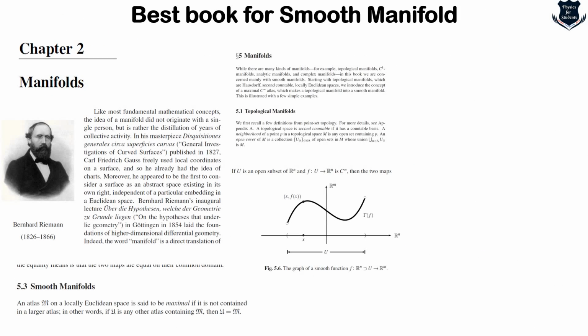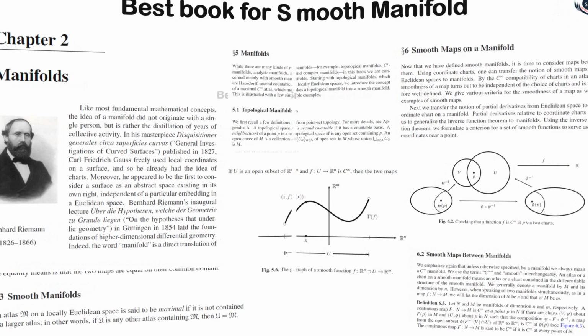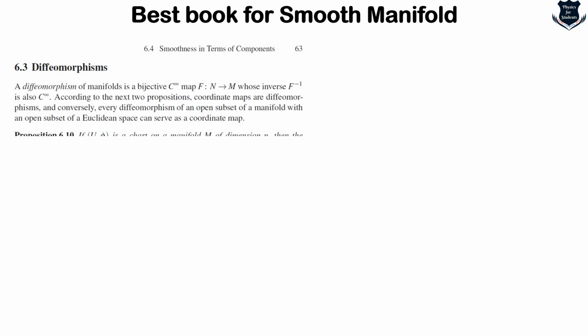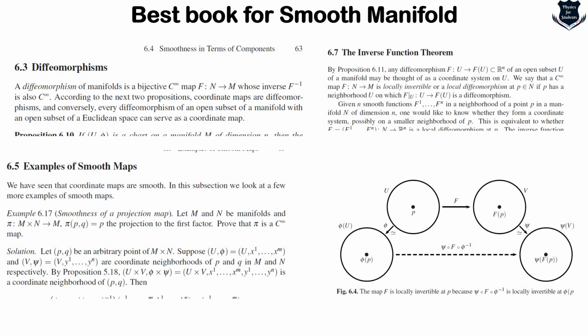It covers chapter 2, which is manifolds, and you can see the photograph of the great Bernhard Riemann, and it goes into topological manifolds, smooth maps on a manifold, and this is what I was talking about, how things overlap, the charts, etc. So this book has quite a lot of good diagrams, easy explanation, and a lot of things like that. Diffeomorphism, a very important subject, examples of smooth maps, the inverse function theorem, and a lot of other things.